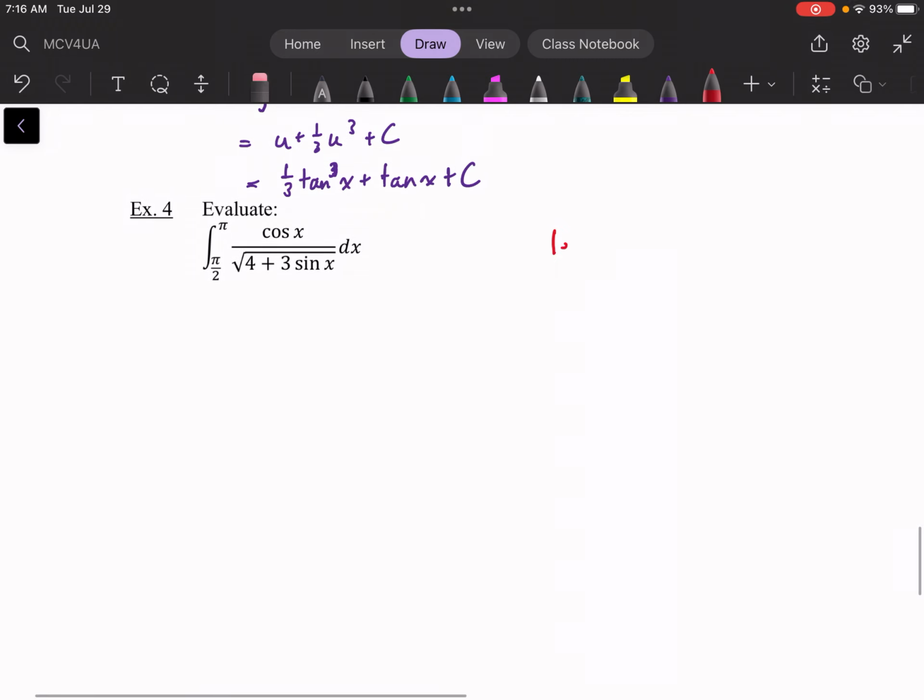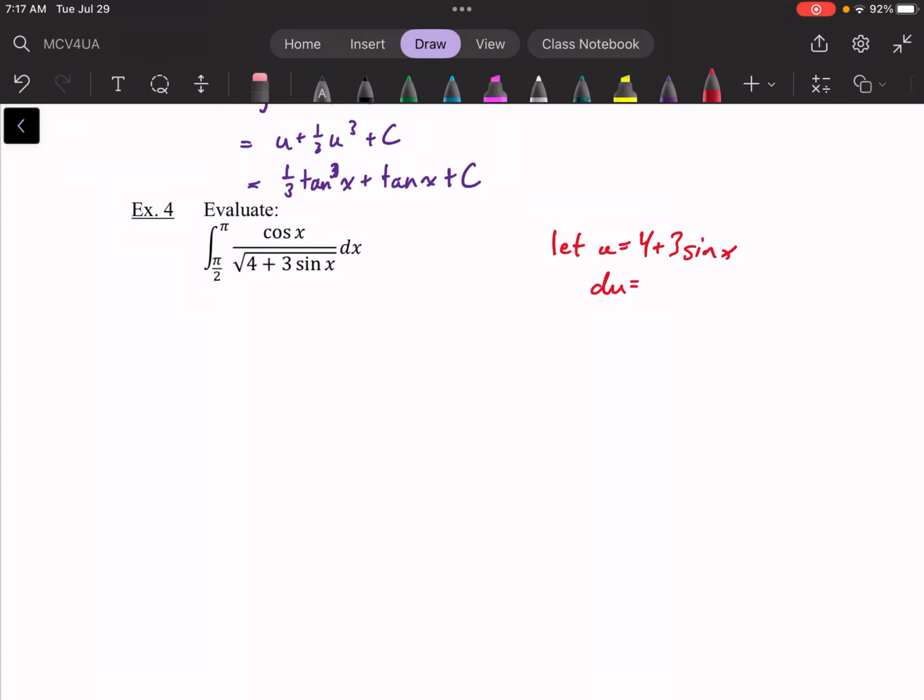So what I'm going to do is let u equal this 4 plus 3 sine x, because I know the derivative of this is 3 cosine x with respect to x. And again, I can notice the cos x dx in my expression. So I'm going to write this as 1/3 du first, is equal to cos x dx.